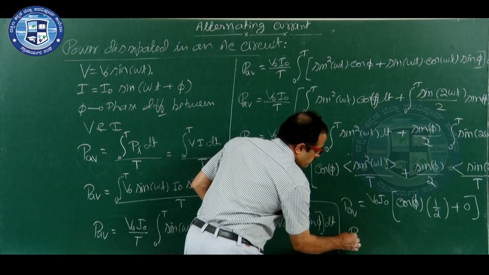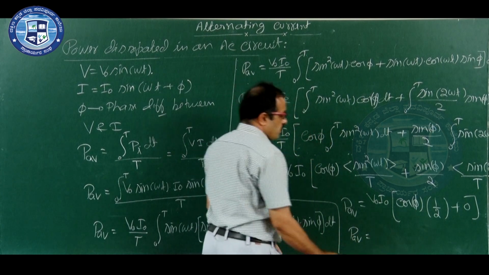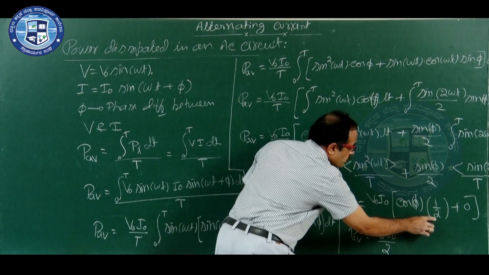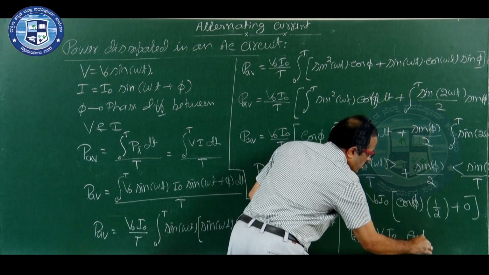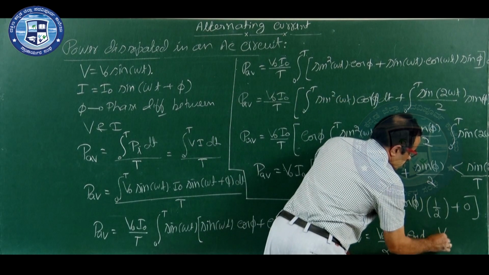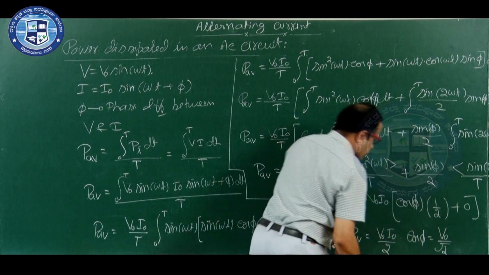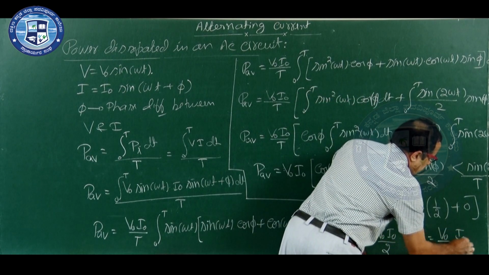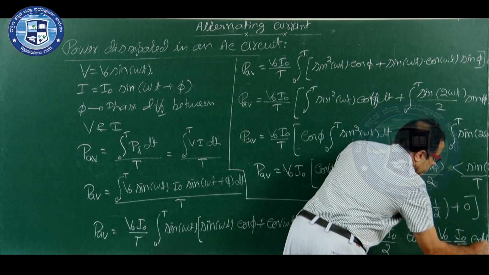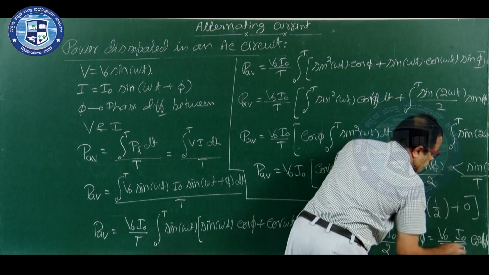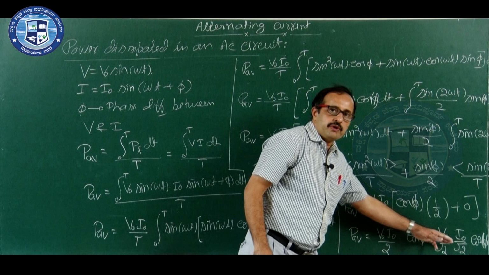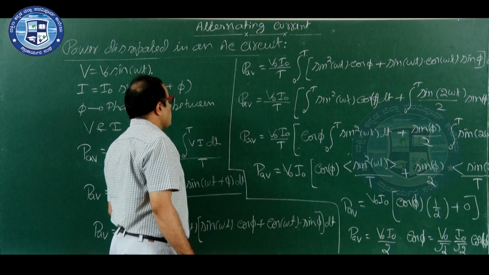Therefore, P average equal to V naught I naught by 2 into cos phi. This can be written as V naught by root 2 into I naught by root 2 into cos phi. What is this V naught by root 2? VRMS, I naught by root 2, IRMS into cos phi.